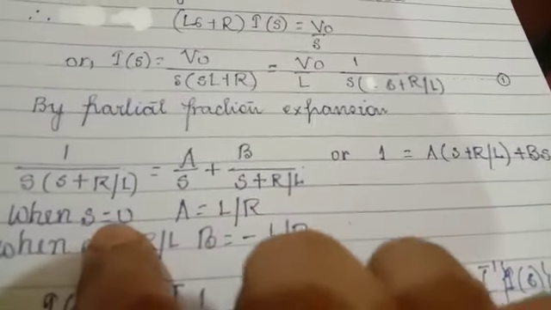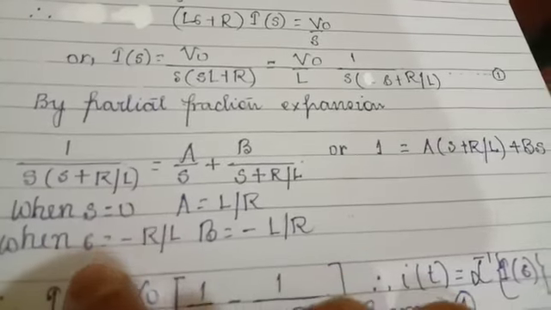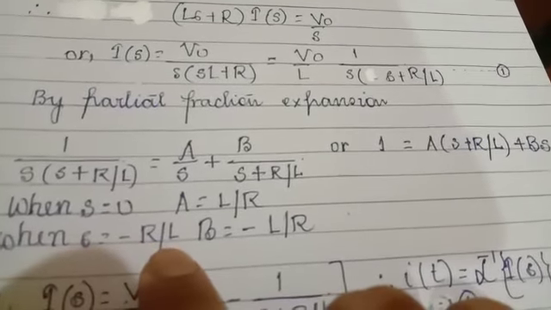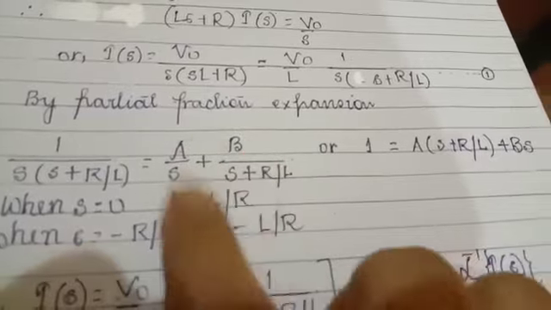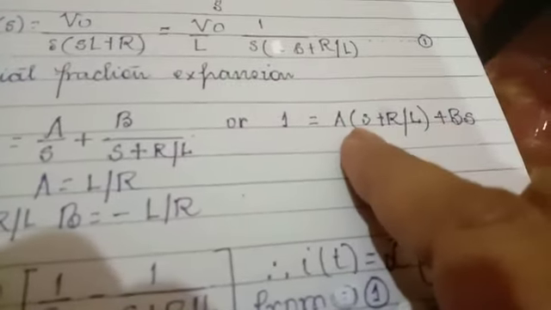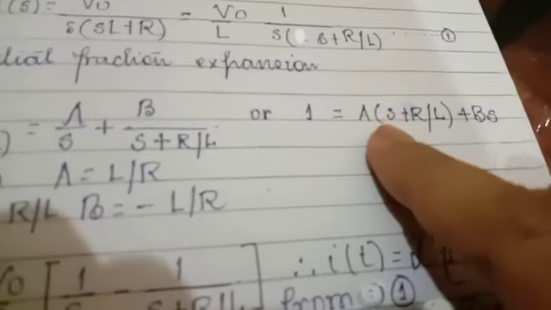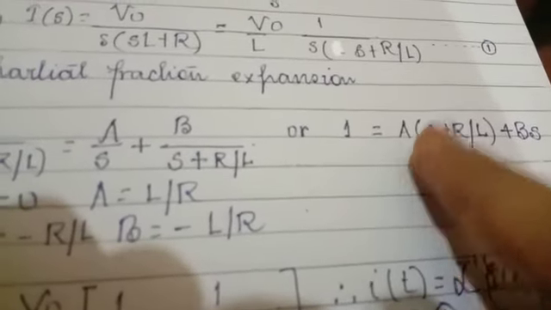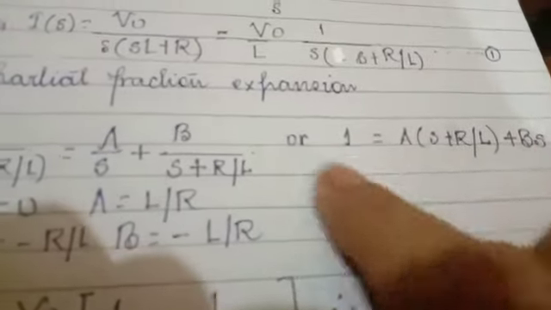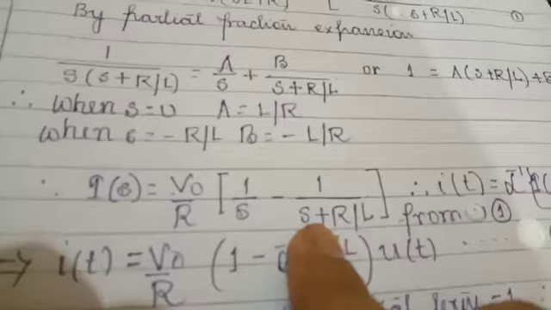One root is at S equals 0, the other root is at S equals minus R by L. So the coefficients are obtained by successively putting the value of the roots in this equation. That is how we have split this function.